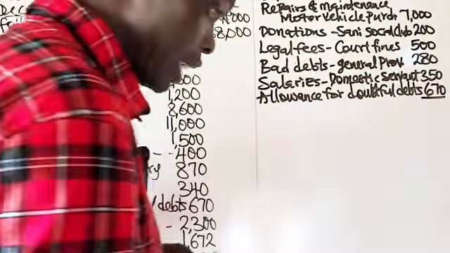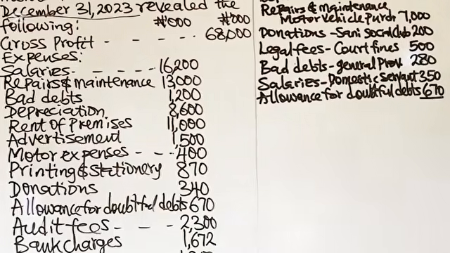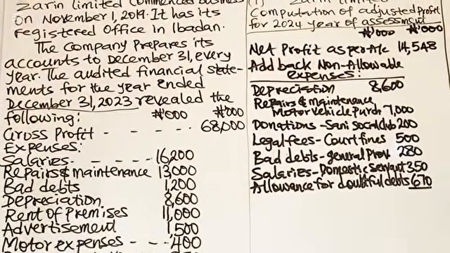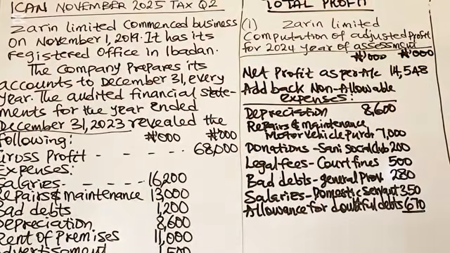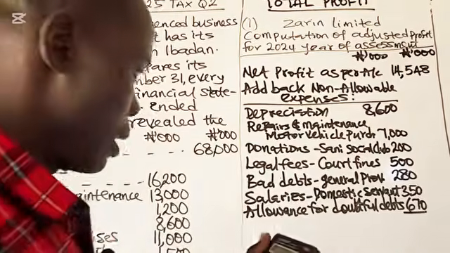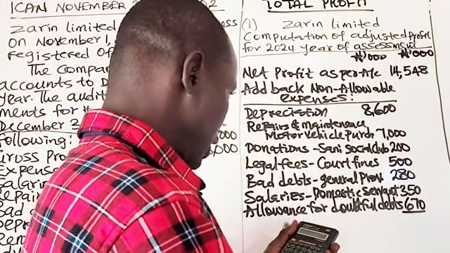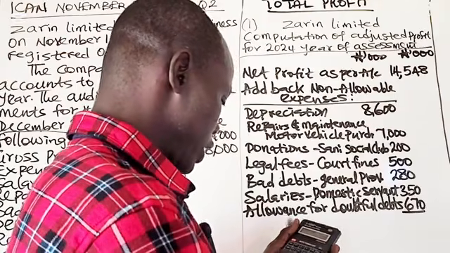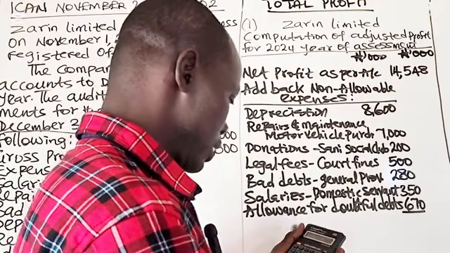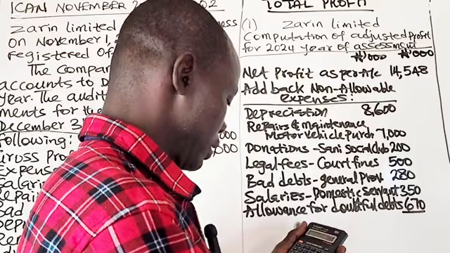After all these items, what would be the sum of our non-allowable expenses? So now let's sum up everything. We have 8,600 plus 7,000 plus 200 plus 500 plus 280 plus 350 plus 670.